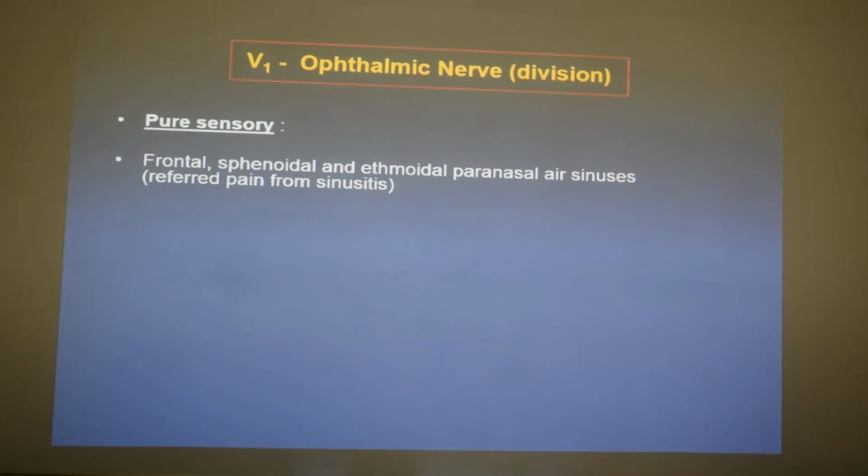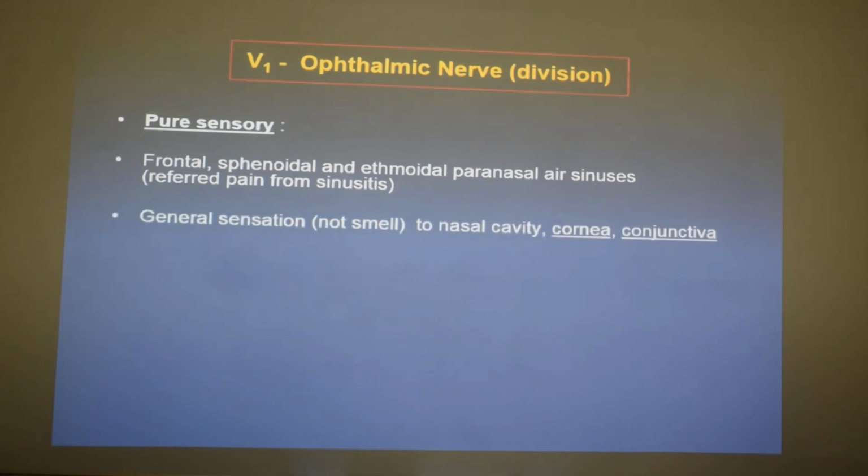The branches of the ophthalmic division of trigeminal are going to supply general sensation to the nasal cavity, cornea and conjunctiva. So if I touch your cornea and you squeeze your eye, or you have a pain in the cornea, it's usually because of the ophthalmic division of trigeminal. So cornea, conjunctiva, and nasal cavity are basically supplied by the ophthalmic division.